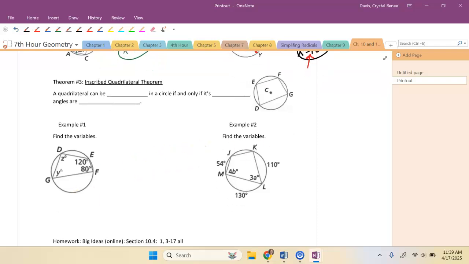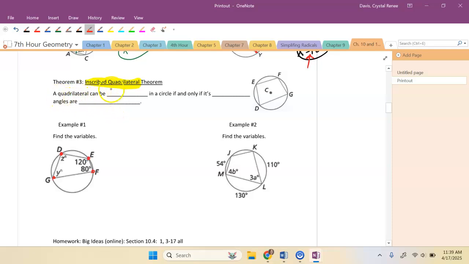Now last one, the inscribed quadrilateral theorem. This only works for an inscribed quadrilateral. So once again, inscribed quadrilateral, each of the 4 points has to be on the circle. And this one's really simple. If you don't know it, you're probably not going to get the correct answer on a test.